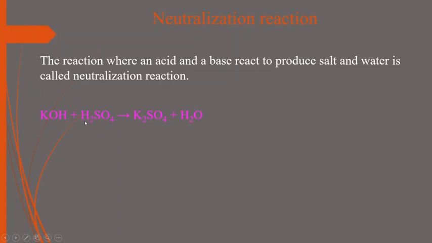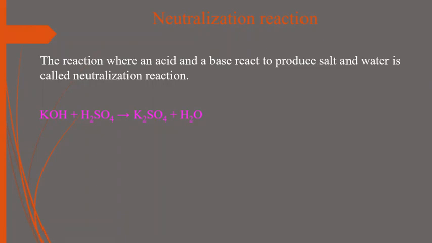These compounds are called salt. Potassium sulfate. We know that sodium chloride is salt, table salt, but not only sodium chloride. All compounds produced by the reaction of acid and base are called salt, and water is also produced.